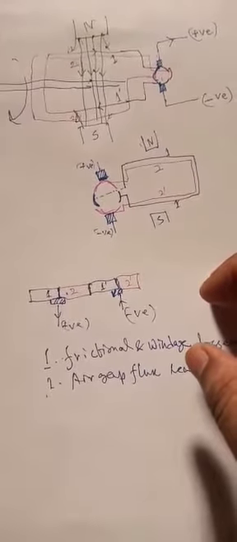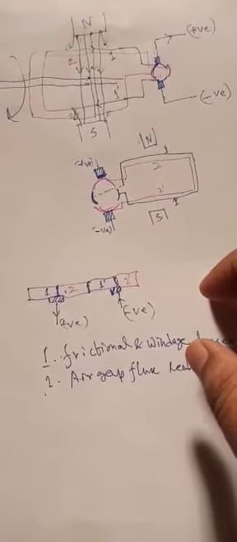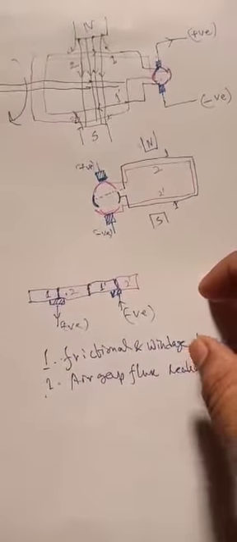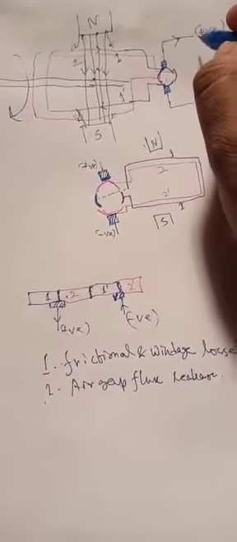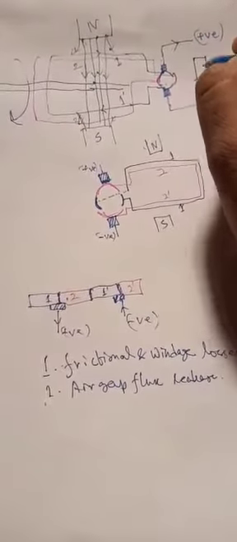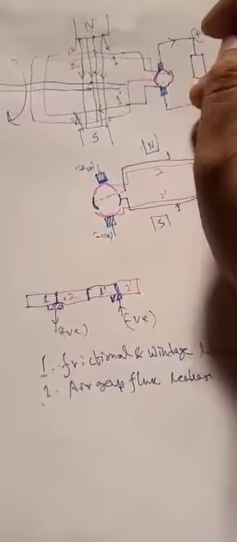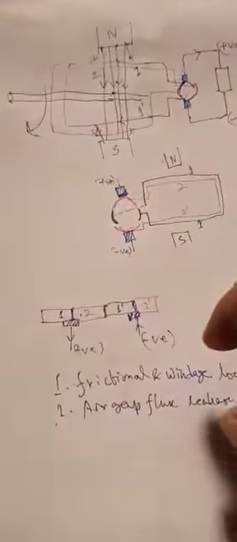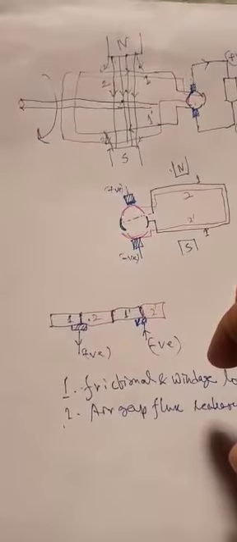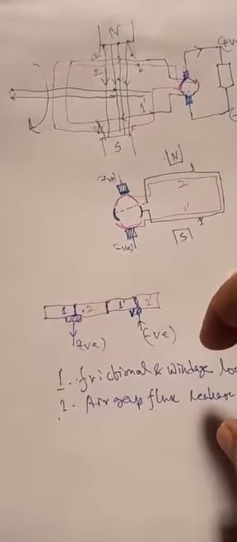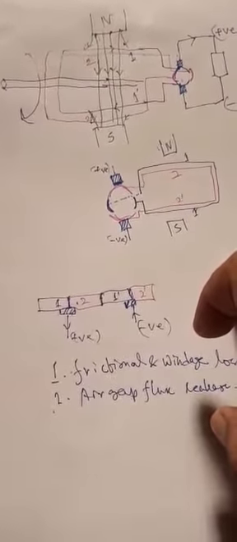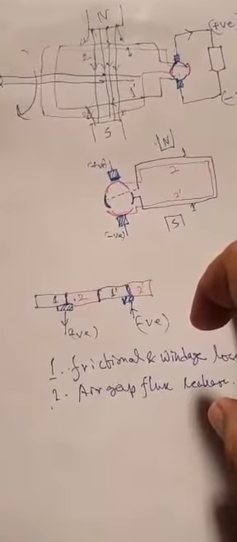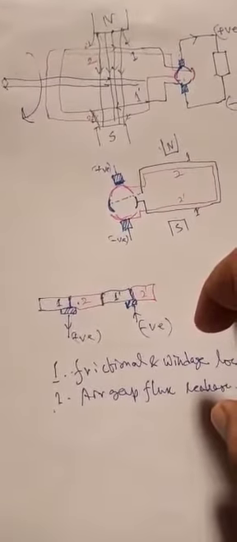And thirdly, at the same time, if a load is connected through the output of this generator, then a current will flow through the armature coil, and due to that the EMF generated inside the armature coil will make a flow of current, and this armature current will make an armature reaction.